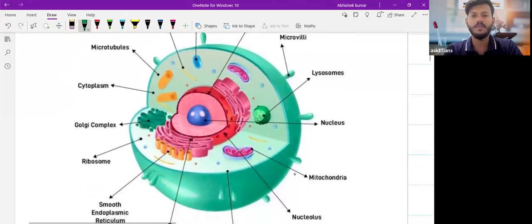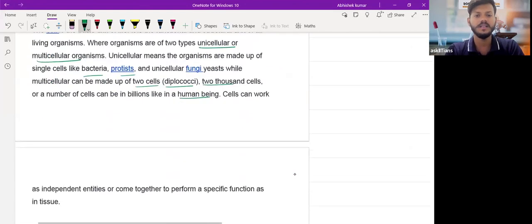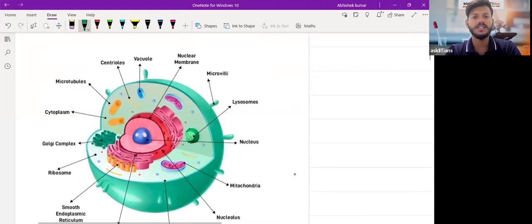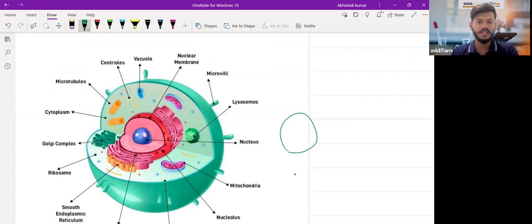This is a diagram of a basic cell. This is an animal cell, and you can see different parts of the cell, as you already studied in junior classes, that a cell contains different cell organelles. It has a membrane-like structure called the cell membrane. Then you can see the nucleus at the center.